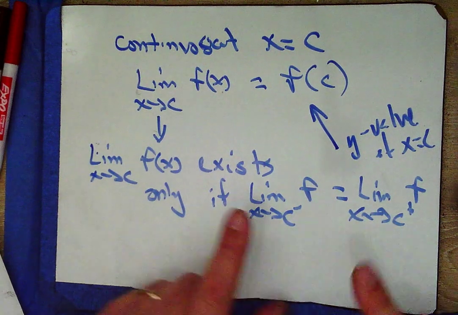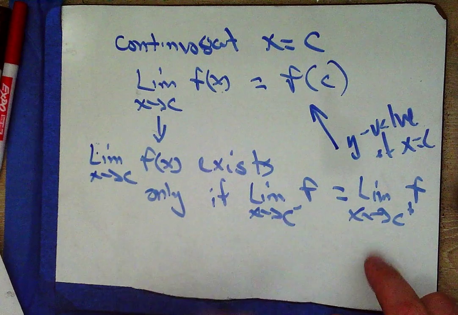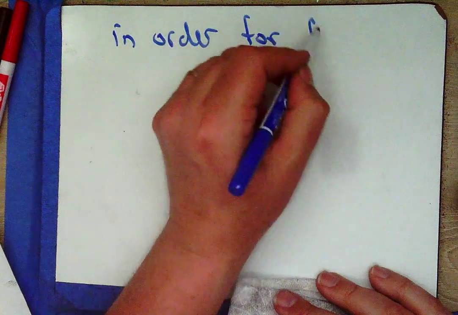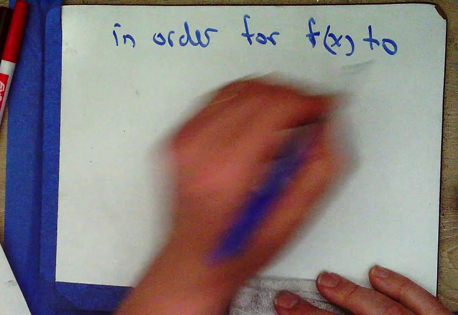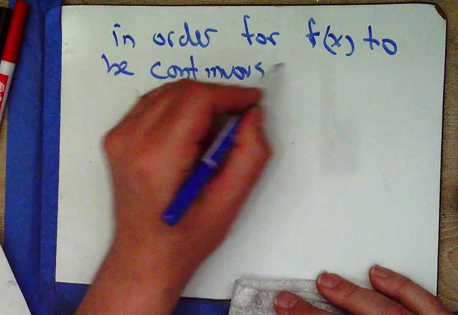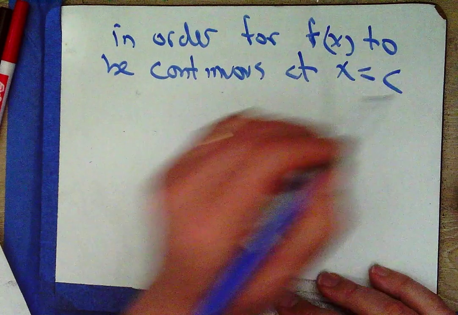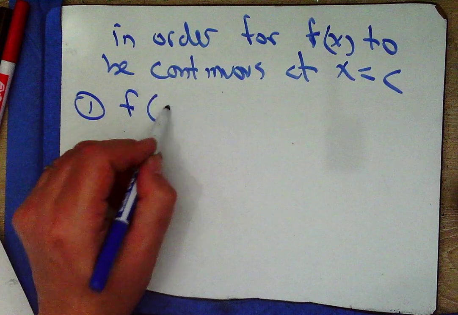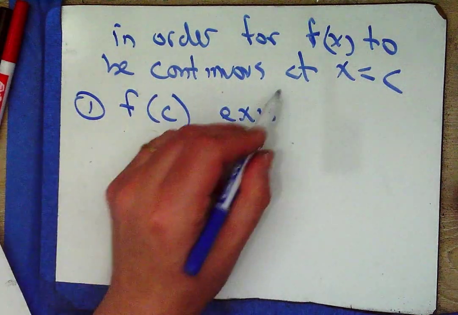So let's think about what we're saying here. We're saying three things. In order for f of x to be continuous at x equals c, there are three things that need to be true. One, f of c exists.